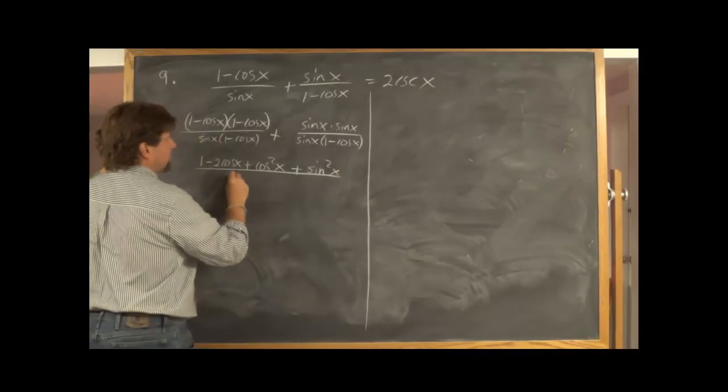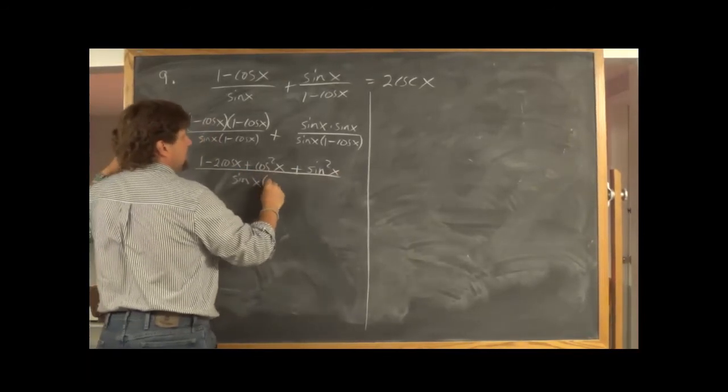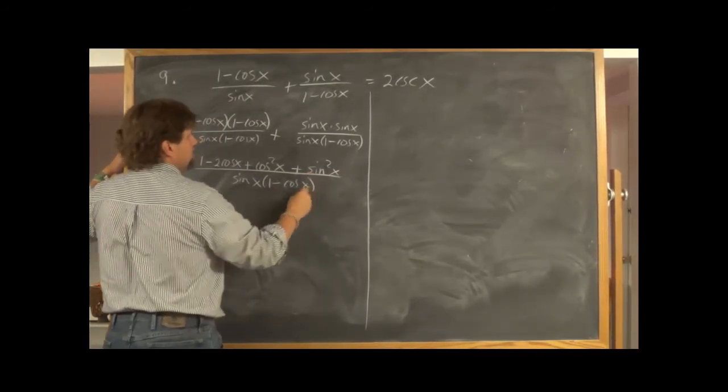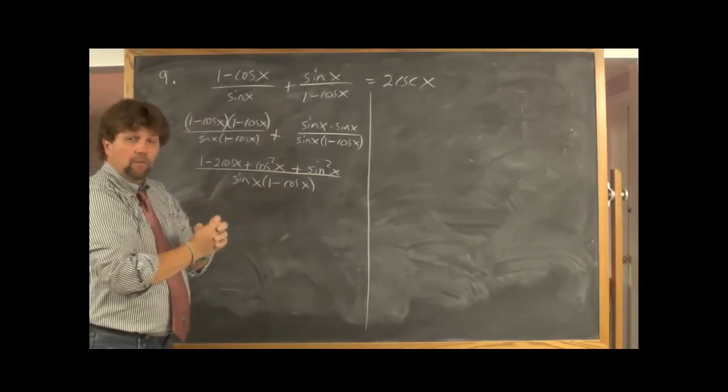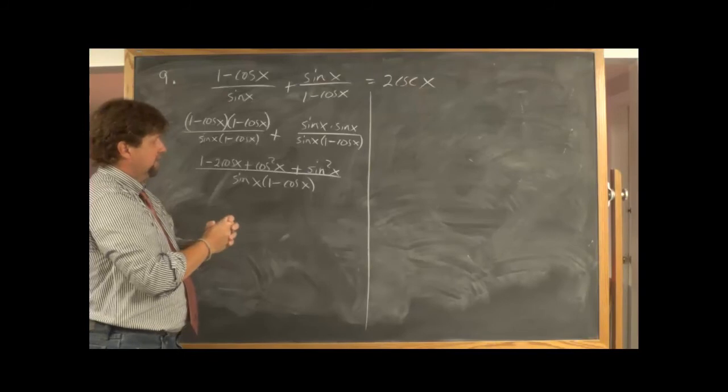And that's all over the sine x times (1 minus cosine x). So I've taken the ugliness and turned it into 1 fraction.